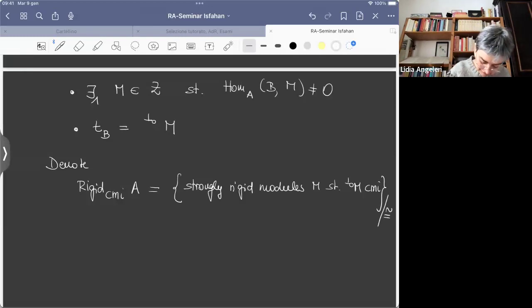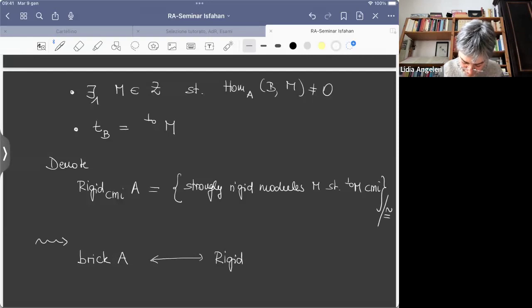And now I can state the bijection. So the bijection goes from the collection of all bricks to this collection of strongly rigid modules, and takes B and maps it to this module M associated with B, as we have seen before.